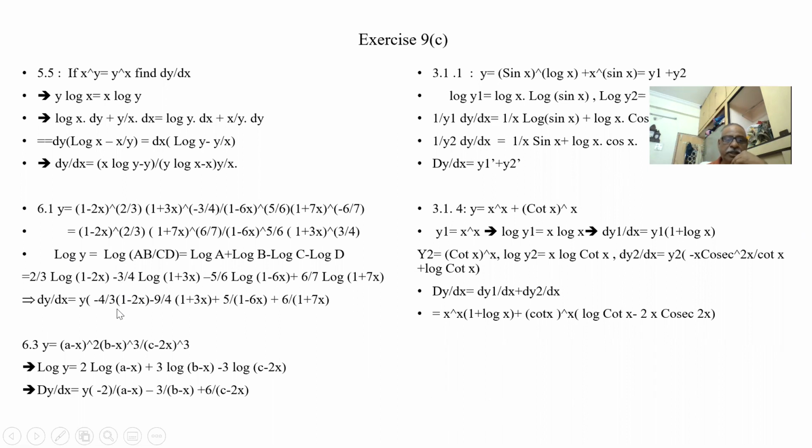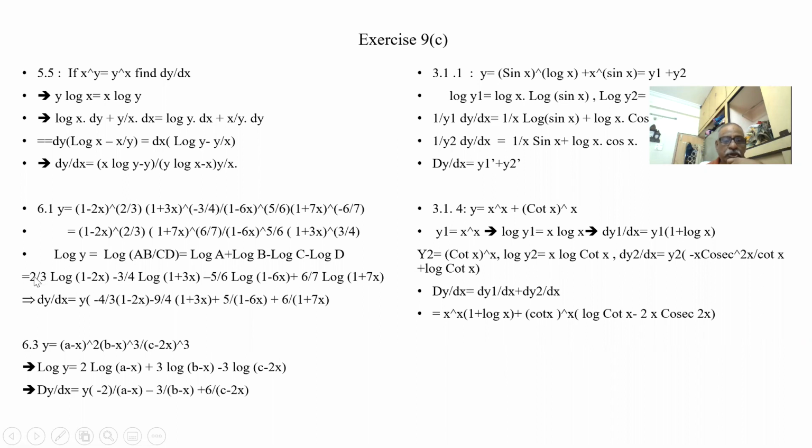minus 4 by 3 into 1 minus 2x to the power of minus 9 by 4 into 1 plus 3x. So how we got it? So minus 3 by 4 is there. 2 by 3 is there. 2 by 3 log 1 minus 2x is 1 by 1 minus 2x, 1 by 1 minus 2x into minus 2.